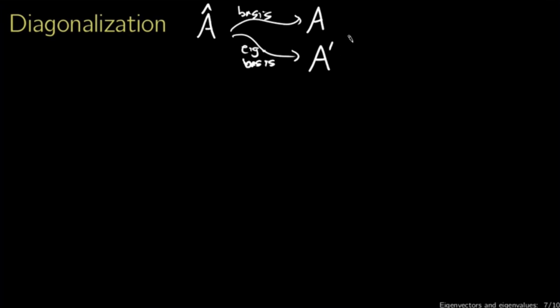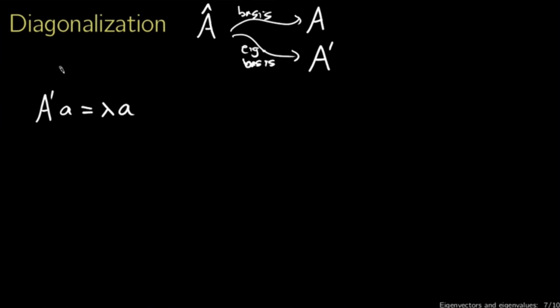Let's think about what A prime does. A prime, as any representation of this transformation will do, will take an eigenvector a, and, sorry, I should write these as vectors, not kets. This transformation A prime will take a vector a and return lambda multiplied by the same vector, a scaled version of the original vector.